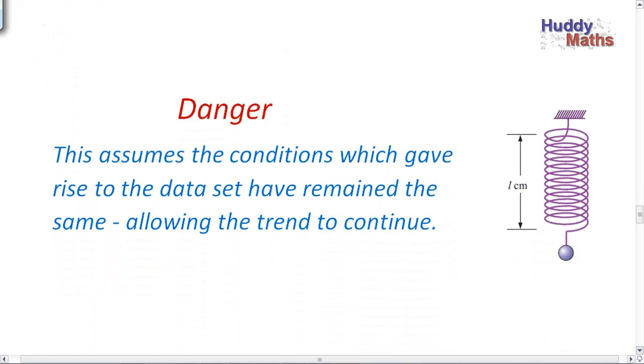Here it is. Danger. If you go outside of the data set, it assumes the conditions which gave rise to the data have remained the same, allowing the trend to continue. Let's think about our spring. Let's think about putting bigger and bigger weights on it. I guess you've done something like this with wire or springs or something.